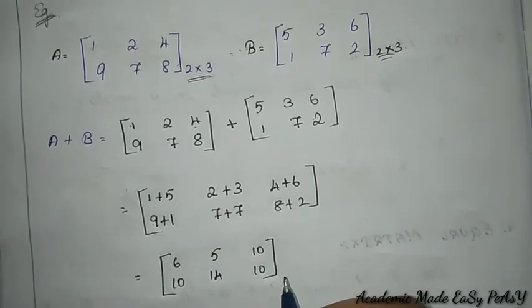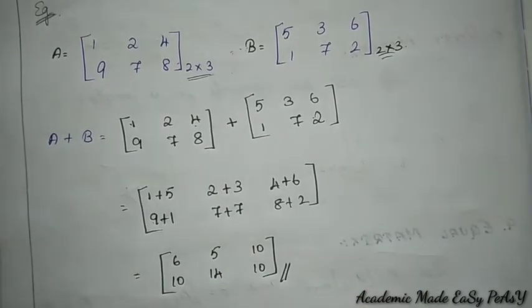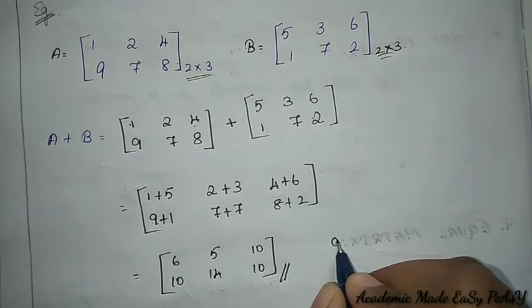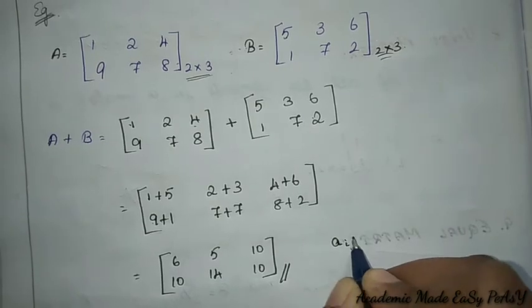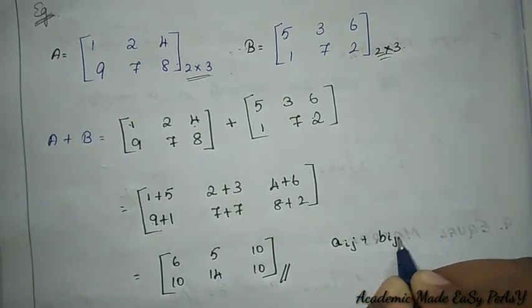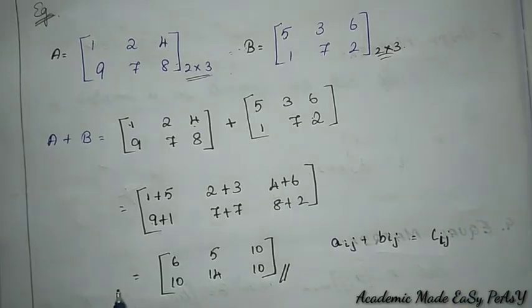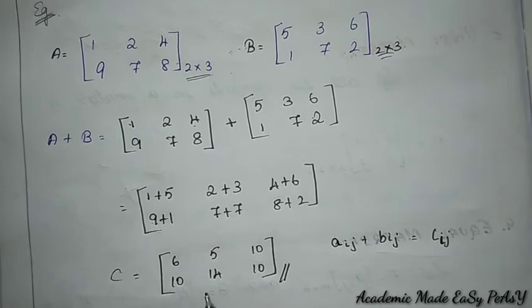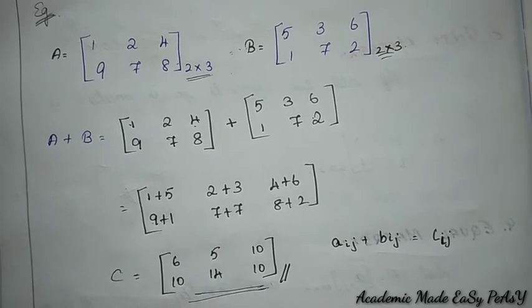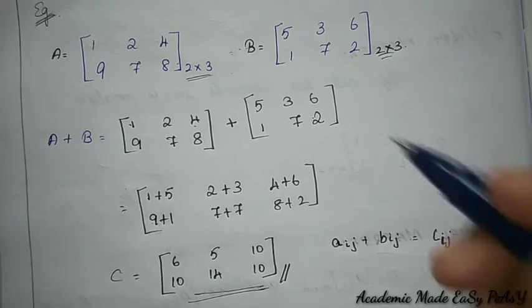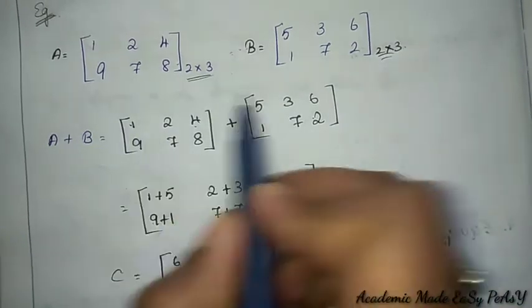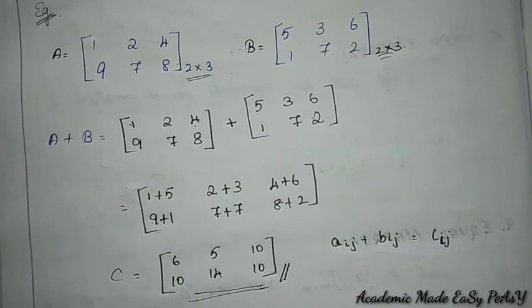So this is my required matrix, that is aij plus bij is equal to cij. Let this be matrix C. So the addition will be done just like this. This is very simple. We have to know how to add, that is, we will be adding only the corresponding elements, not all together.